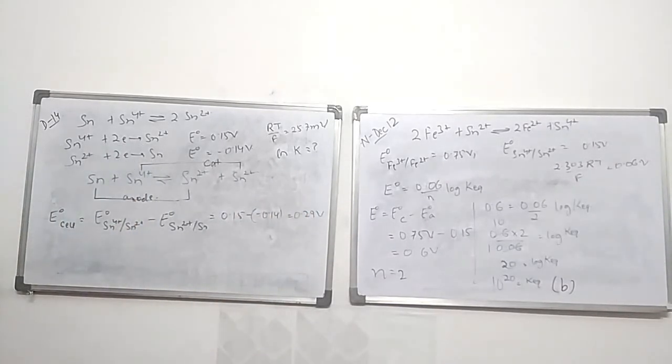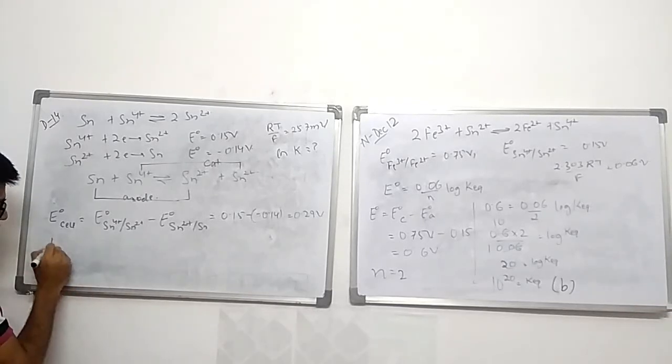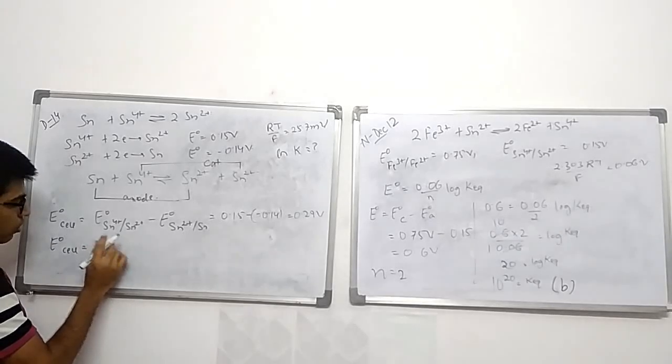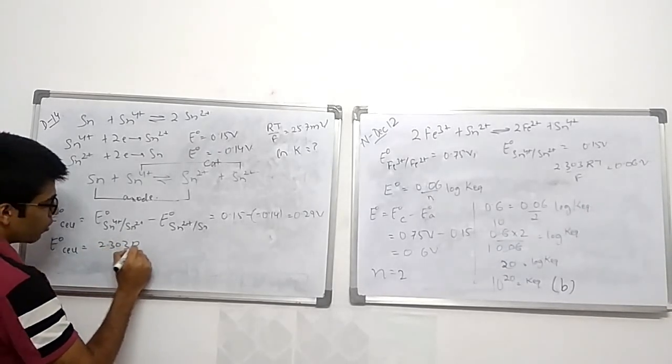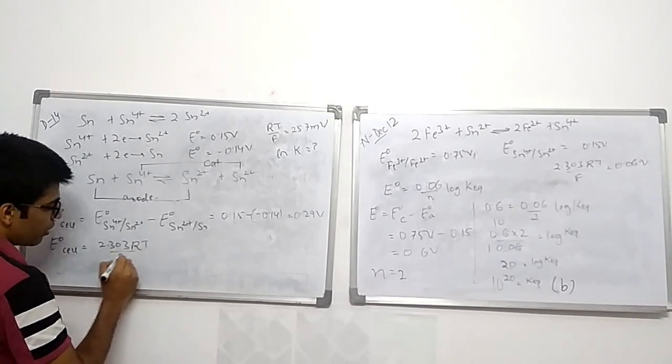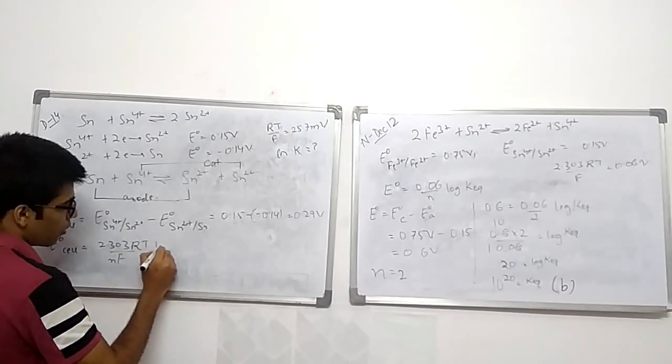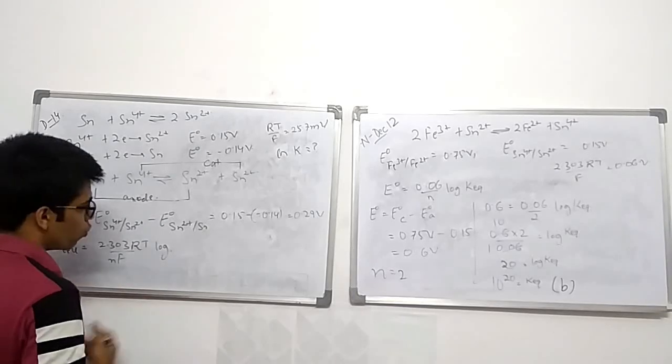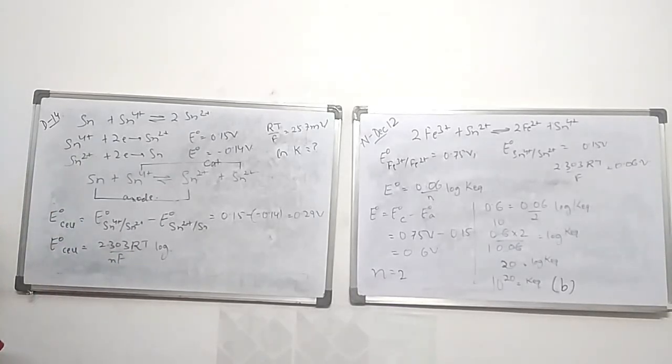So now I'll put in the formula. E naught cell is equal to, so what formula we had? 2.303 RT by nF log Q. Now in this case, what is my log Q?